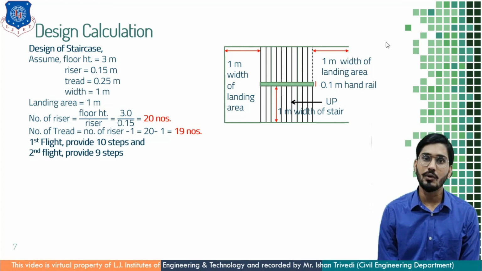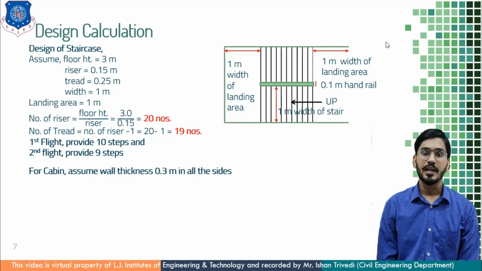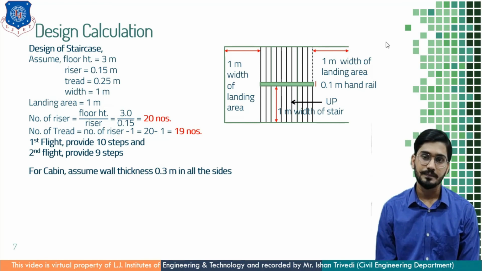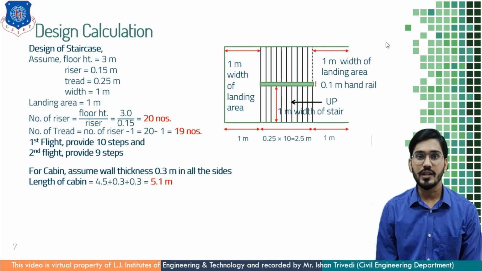Now what about the staircase cabin? For the staircase cabin, assume that on all sides you have a wall thickness of 0.3 meter. If I include that, then the length of the cabin is 4.5 plus 0.3 plus 0.3. Now, where did this 4.5 come from? At the first flight, I'm going to provide 10 steps.